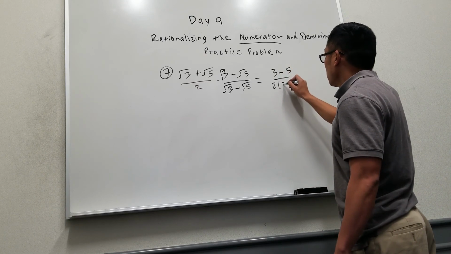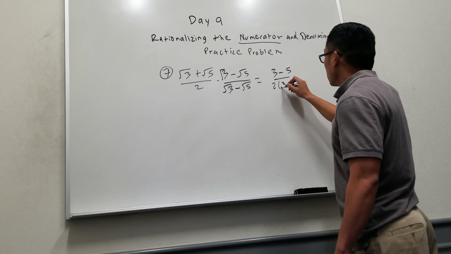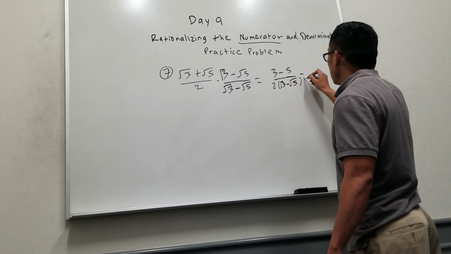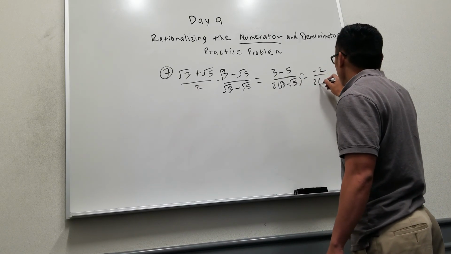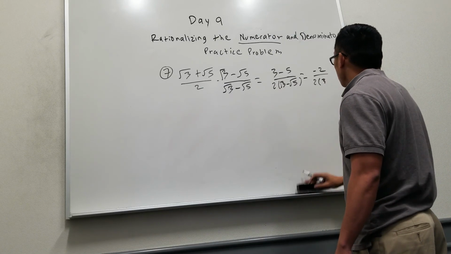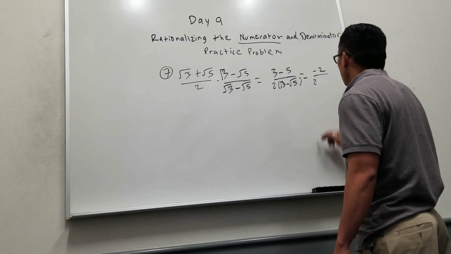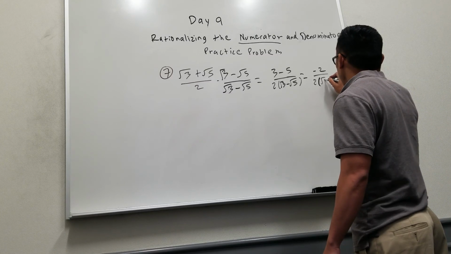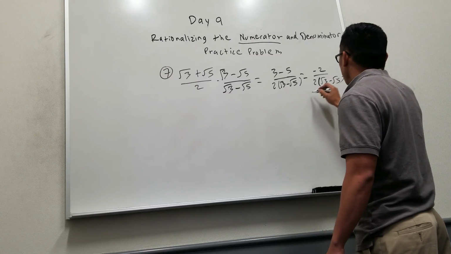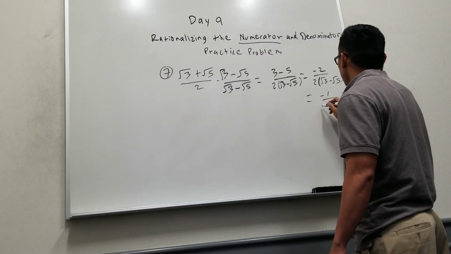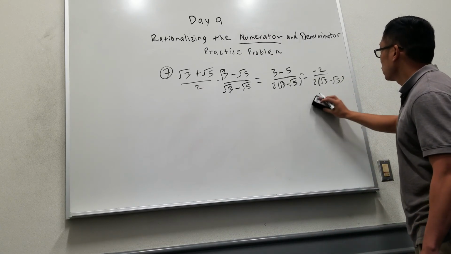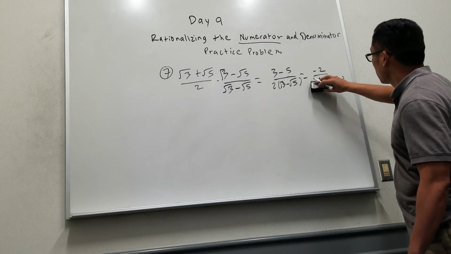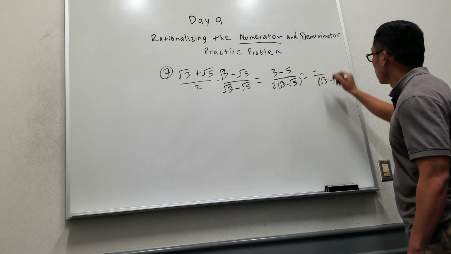Bottom, I don't want to do anything, so it's just 2 times radical 3 minus radical 5. So this is going to be negative 2 over 2 times radical 3 minus radical 5. This will cancel, you get 1 over radical 3 minus radical 5. I notice here, this can cancel, so this just becomes what? A 1, right? That's it.